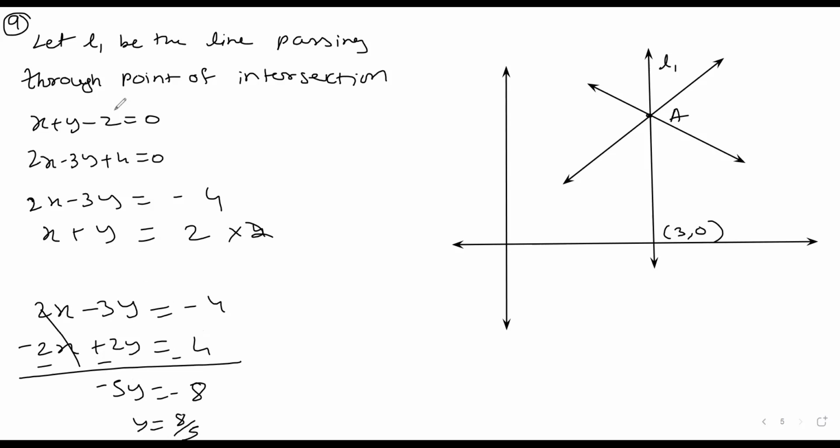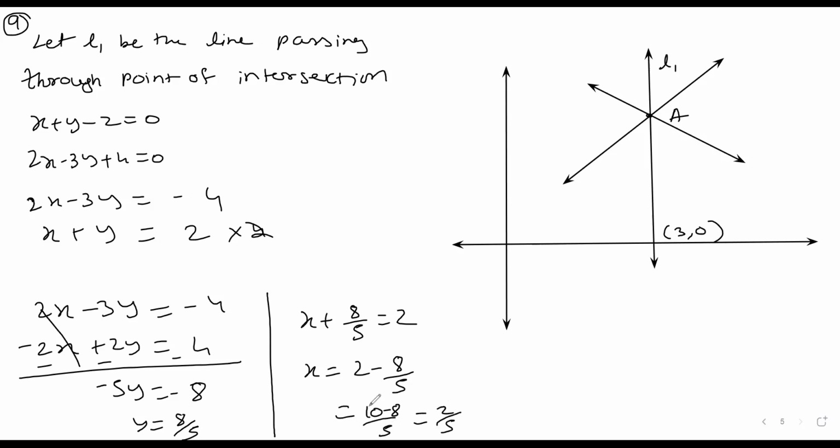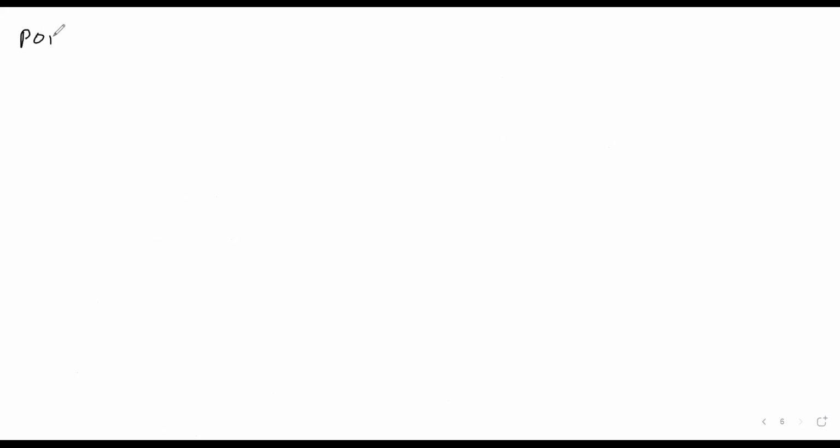I'll put this value in any one of the equations. So x plus 8 by 5 is equal to 2. So x is 2 minus 8 by 5, that is 10 minus 8 by 5, that is 2 by 5. So the point of intersection A is (2 by 5, 8 by 5).